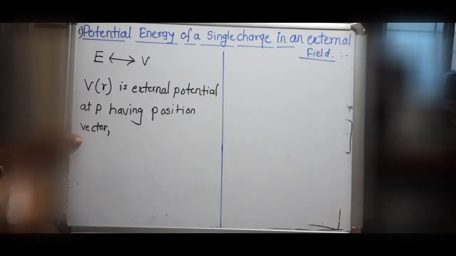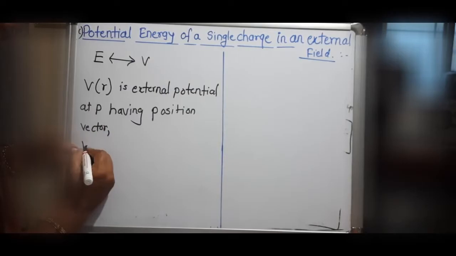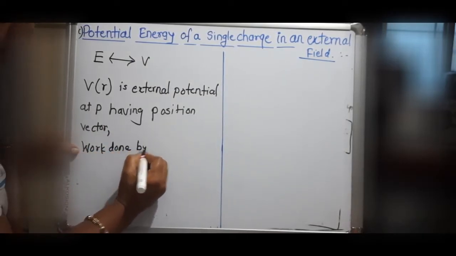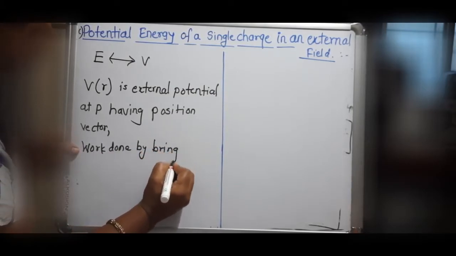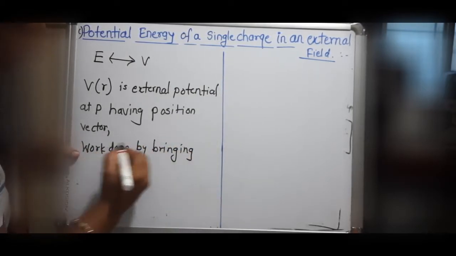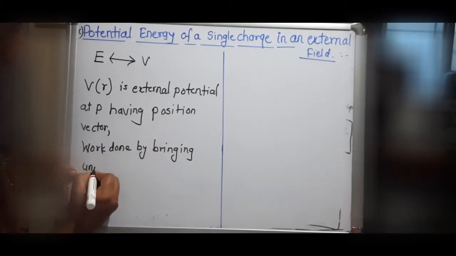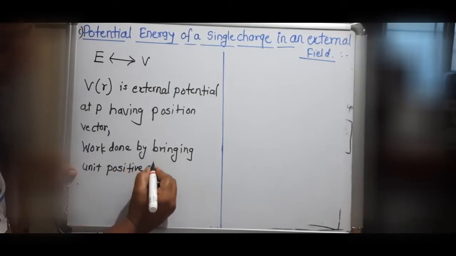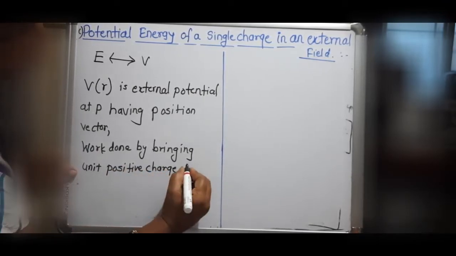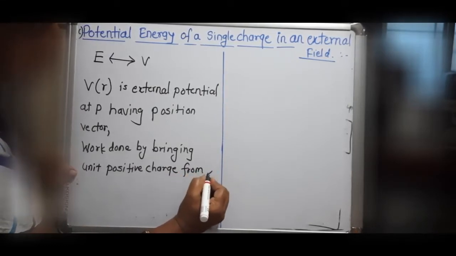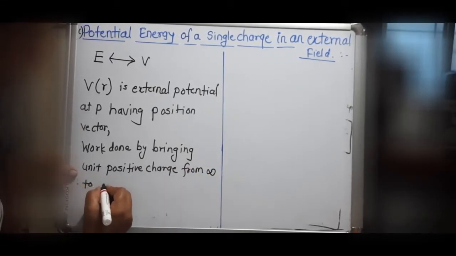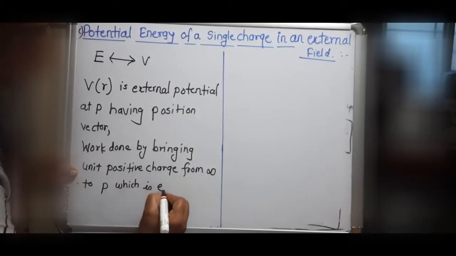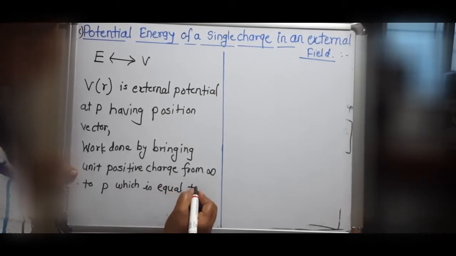By definition, the work done by bringing a unit positive charge from infinity to point P is equal to V.